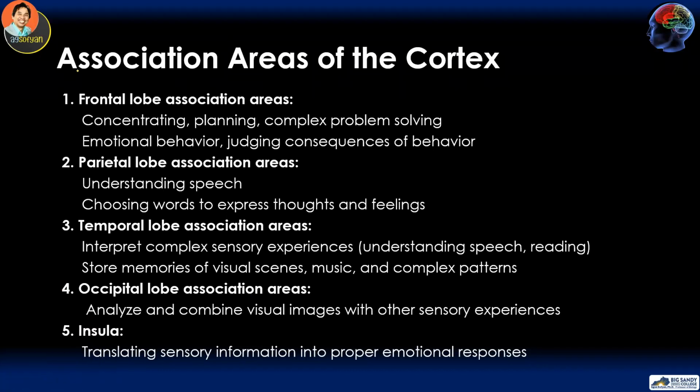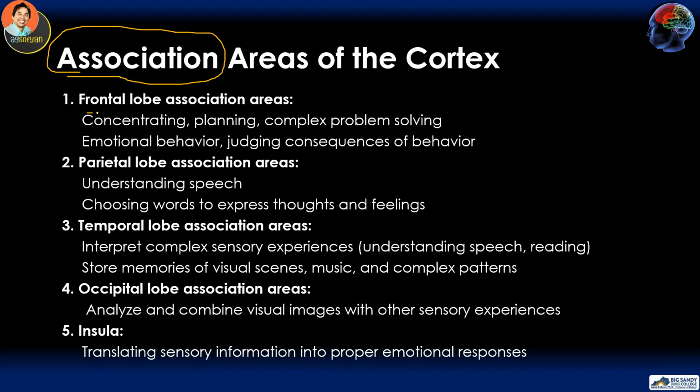In addition to the motor area and sensory area, there is also an area called the association area. This is the one that controls both motor and sensory, so it is kind of associating any information.